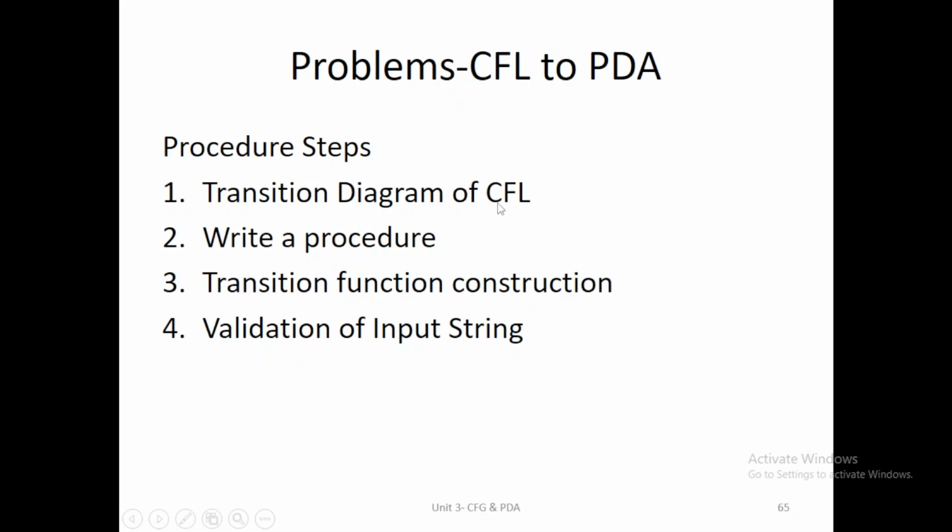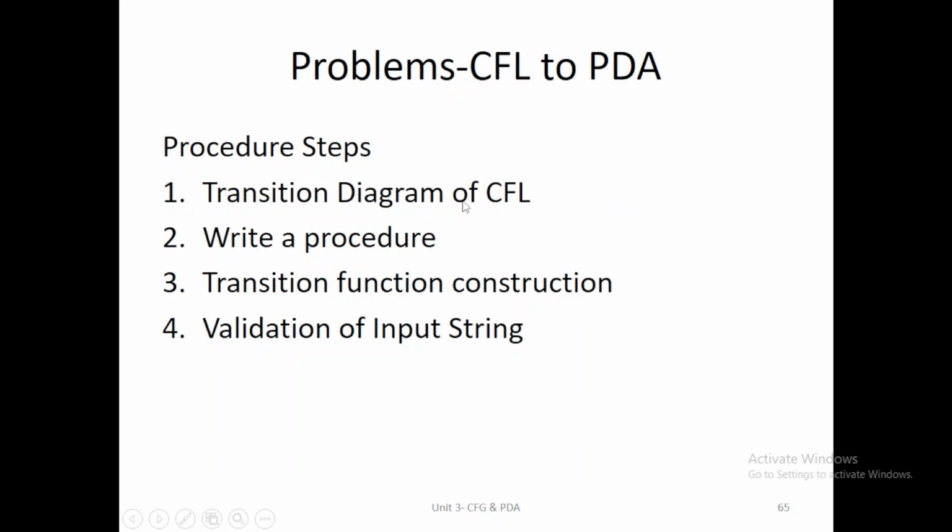First step: if any language is given, first we should write a set of strings for that particular language. That means a language should contain correct strings within a set. For that set of strings, we should draw a transition diagram.